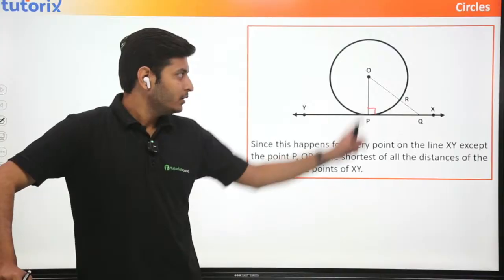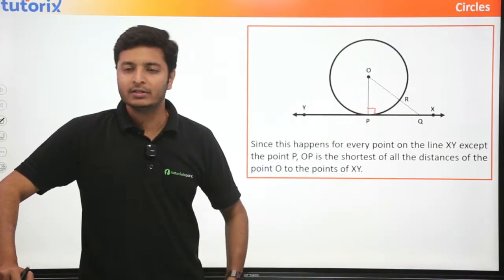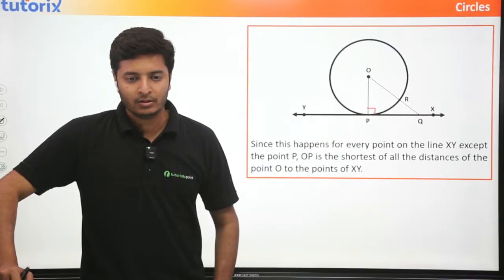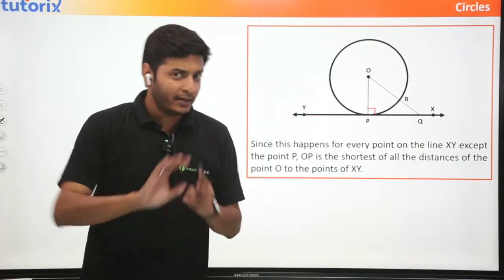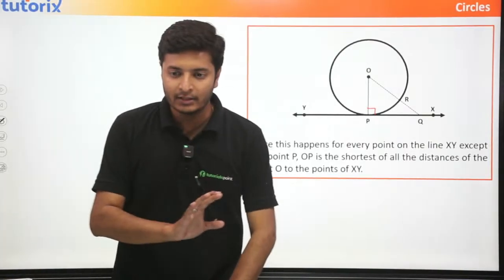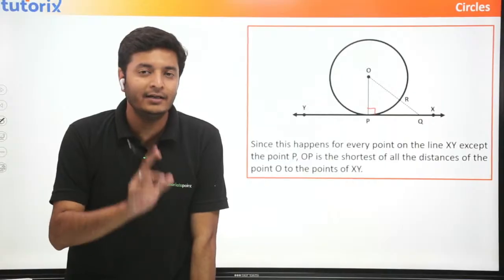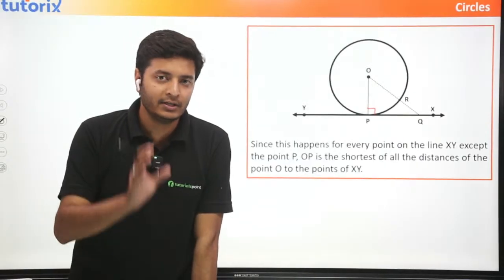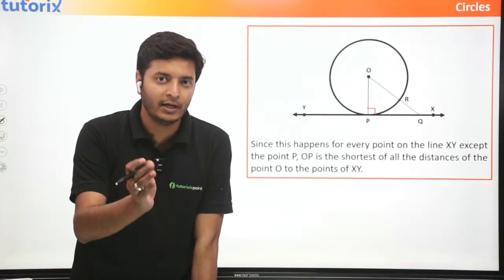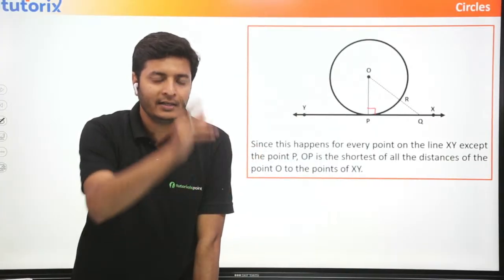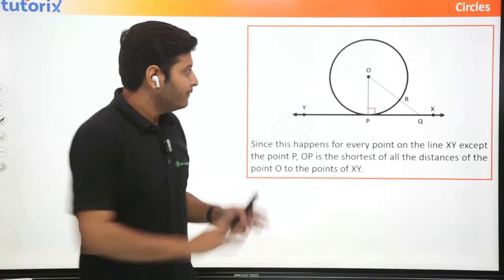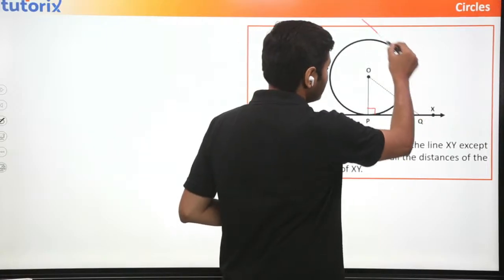Now, OP is perpendicular to this line. This is what we need to prove, and this we did. Every tangent, if you join the point of contact with the radius, then the radius makes a 90-degree angle with that tangent. Wherever you want, you can draw a tangent.